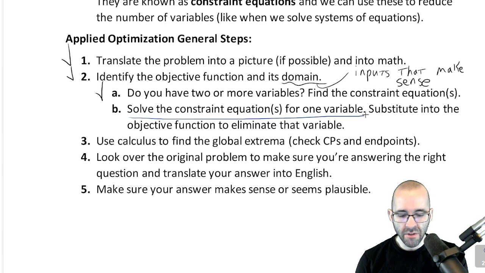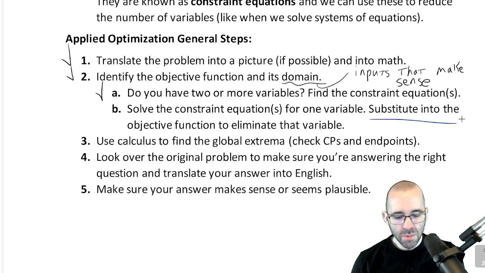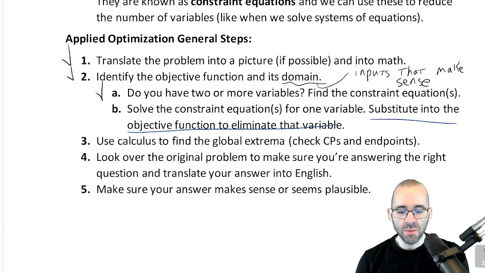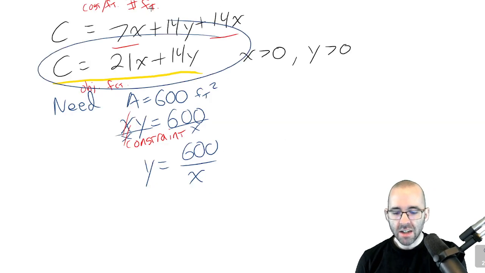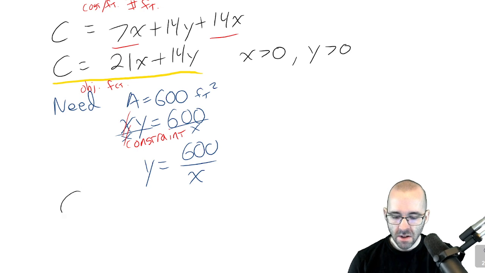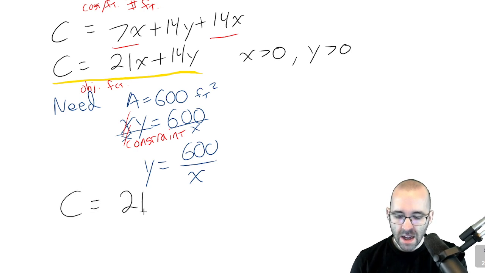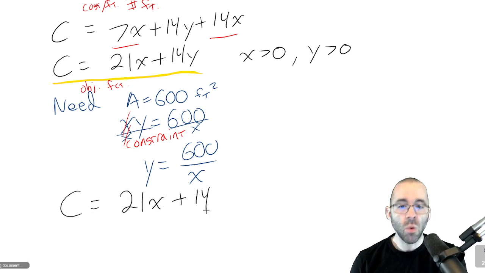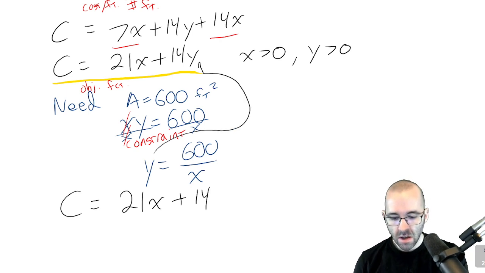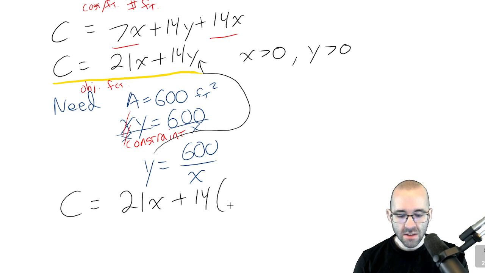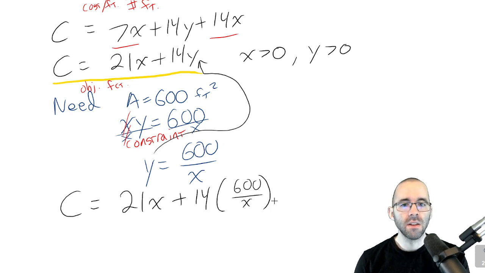Okay, we did the first half, right? We solved for one variable. Now we need to substitute into the objective function. Here's our objective function. Let's substitute. C was 21x plus 14y. And now we're substituting, right? Y is just 600 divided by x. Great.